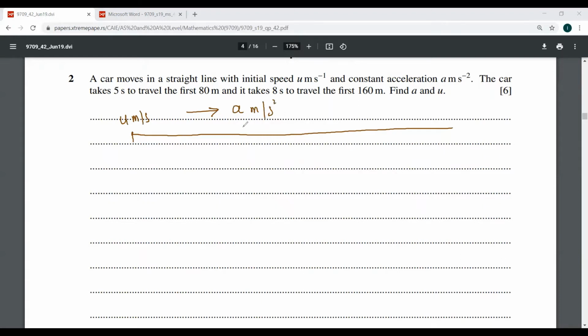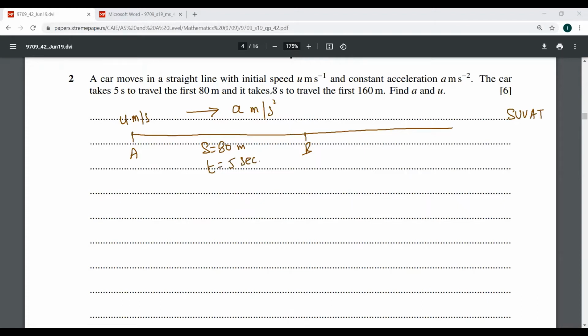This looks to be a question from Kinematics 1, where we use Newton's equations of motion, also called SUVAT. So the car takes 5 seconds to travel the first 80 meters. Let's say this is the point A and here is the point B, and the distance covered over here is 80 meters and the time taken is 5 seconds.